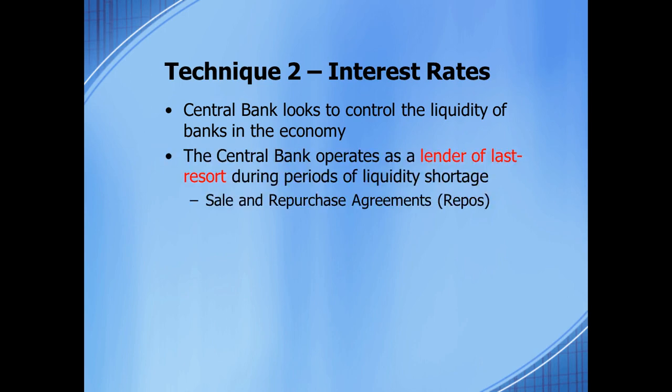Now, the central bank operates as a lender of last resort during periods of liquidity shortage, and it has the freedom to charge basically what it wants for access to money.